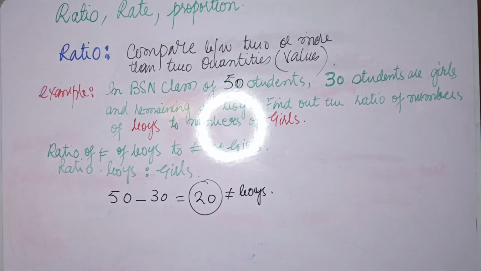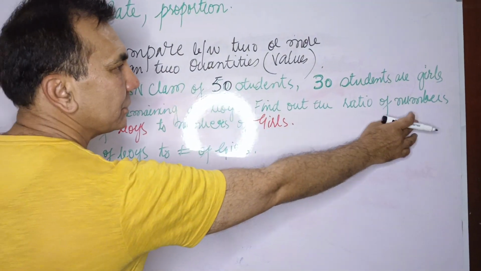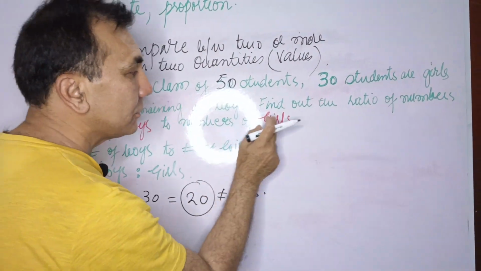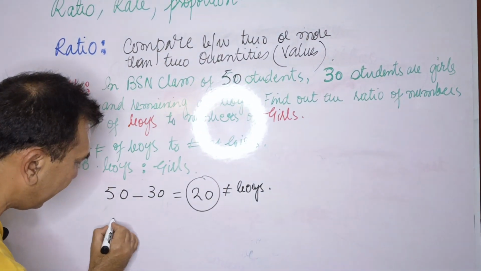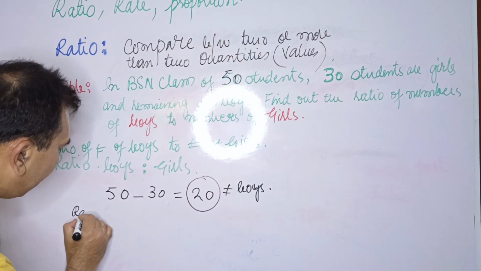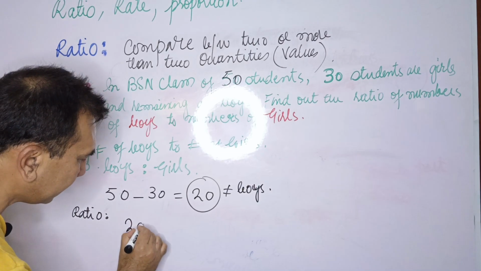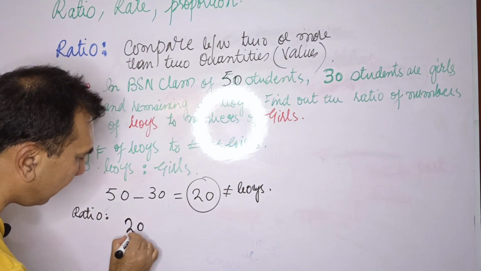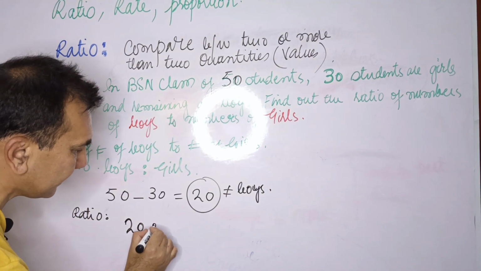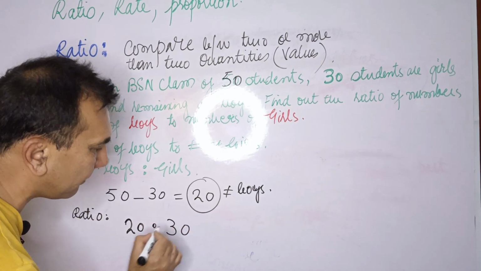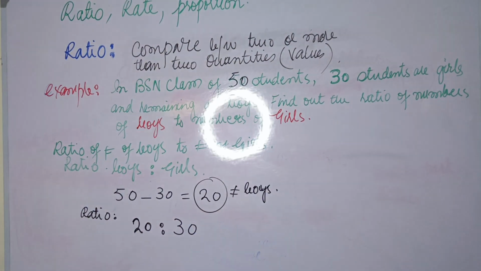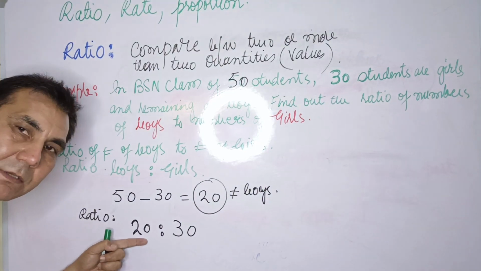But in the question, what is it asking? Find out the ratio of the number of boys to the number of girls. So here, when we find the ratio, we will write the boys number first, and then we will write the number of girls. Why do we write the number of boys first?